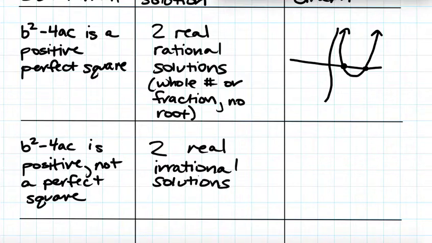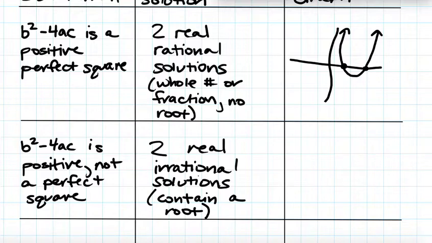And they're irrational solutions because they contain a root. So if the part under the square root, when you're doing the quadratic formula, is not a perfect square, then you still have a square root in your answer, like some of the other problems that we saw earlier. And if that's the case, we say that the solutions are irrational.